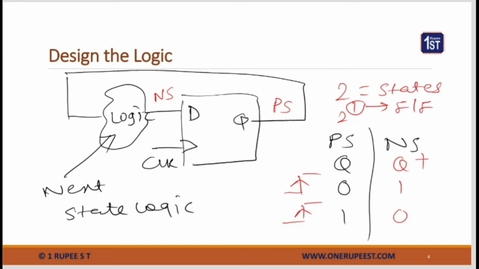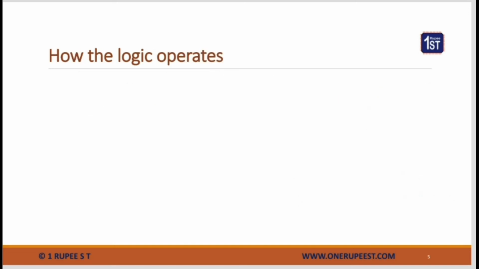And if you observe Q plus, then Q plus is the complement of Q. Q plus is not of Q, or complement of Q. So what should be our logic? My logic is, I have a NOT gate here.